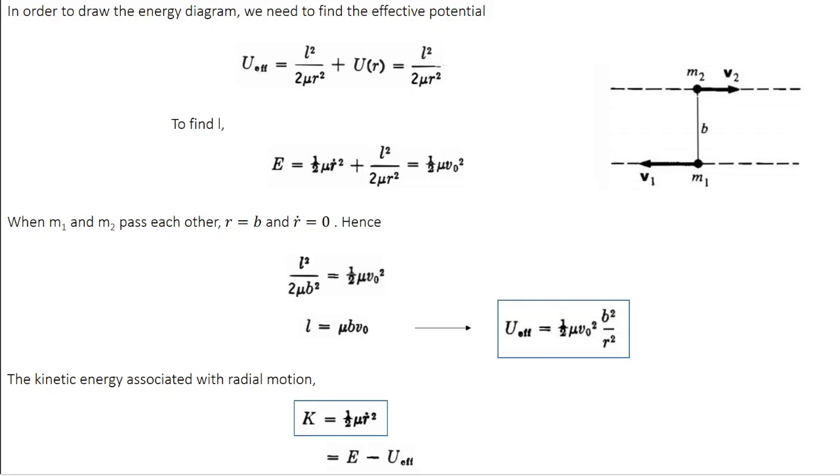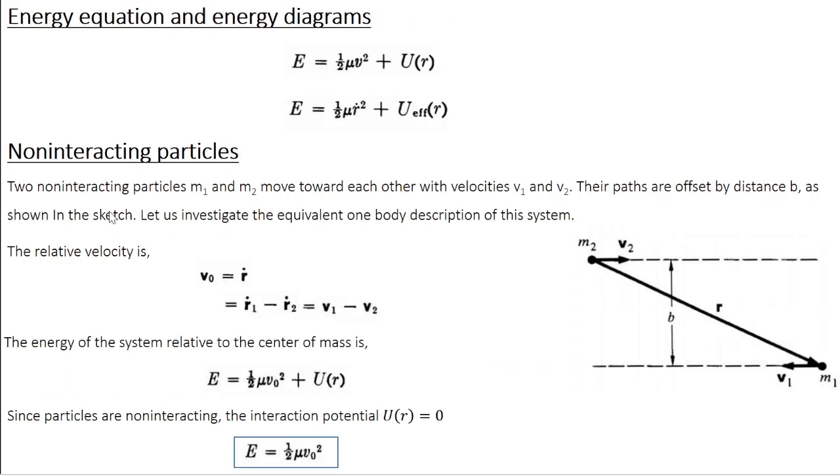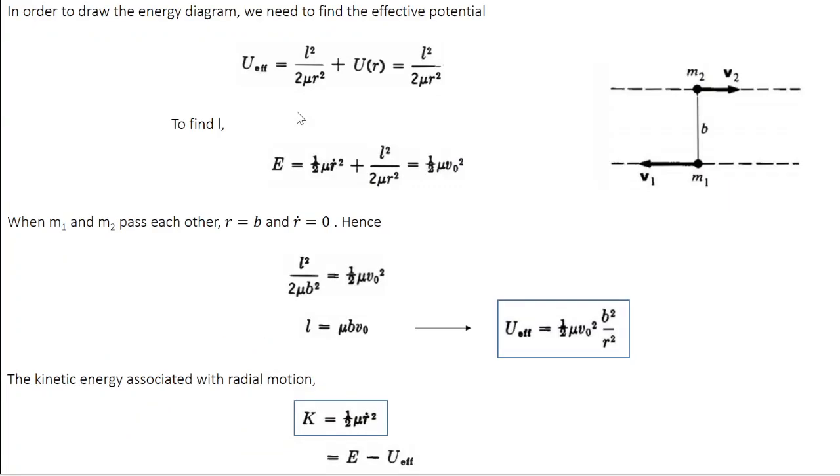Now the kinetic energy associated with the radial motion. So this is the radial kinetic energy, right? K equal to half mu R dot square, or if you look at this expression, this is your K, this is the U effective, so you can write K equal to E minus U effective.